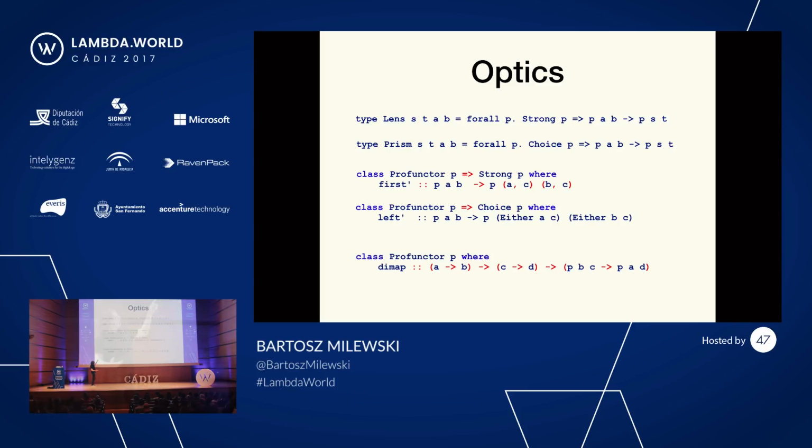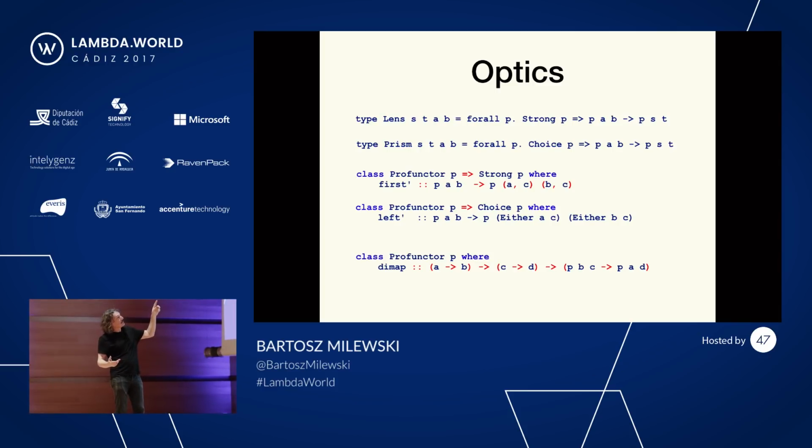If P is a profunctor, then Strong means that this profunctor supports this polymorphic function from P A B to P (A, C), that's a pair A C, so it's a Cartesian product of A and C, and (B, C). You can think of a profunctor as a relation between two types. That's one of the ways of imagining it.